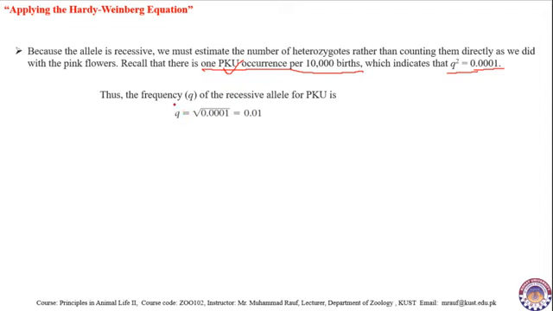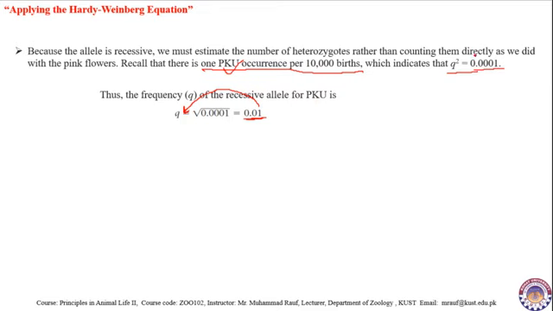So the square root on this side will cancel with the square, and the square root on this side will result in 0.01. So this is the allelic frequency, the frequency of the PKU allele.